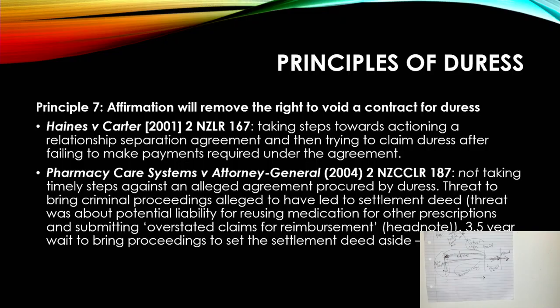And so that was kind of out of an audit issue, and there was an agreement reached, but Pharmacy Care then alleged that it was procured by duress, which led them to settle with the government agency. It's quite common that we will do all these things in compliance if you don't prosecute us, right? And so they later say, well, actually, do you know what? That was procured by duress.